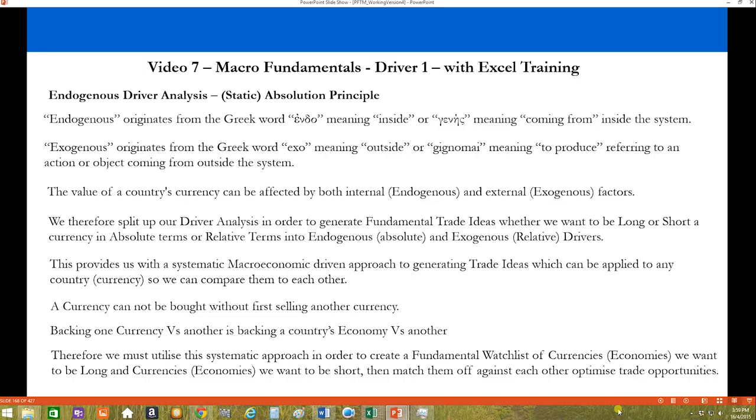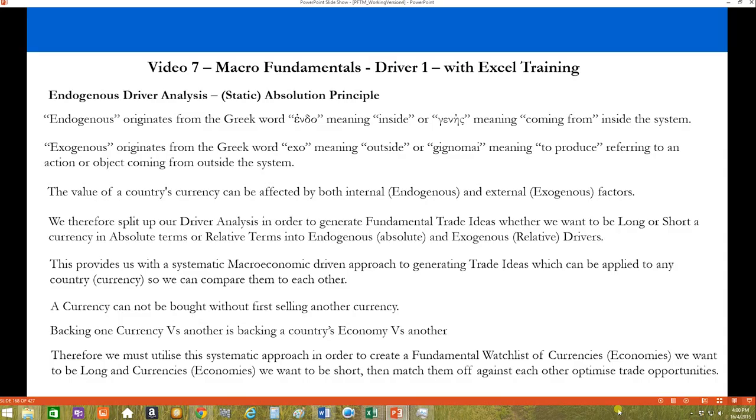And what this does is it provides us with a systematic approach, a macroeconomic systematic approach to generating trade ideas. And this can be applied to any country or currency, so we can basically compare them to each other. And we've mentioned this a few times so far, but a currency basically cannot be bought without first selling another currency.